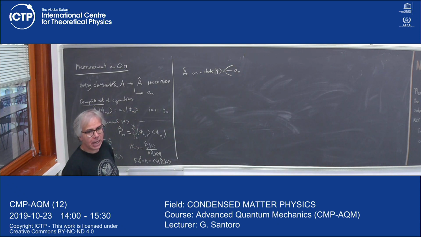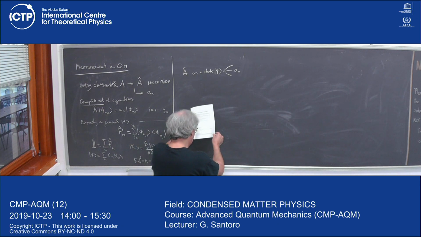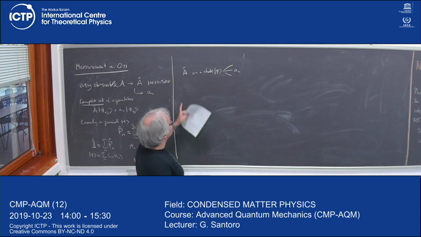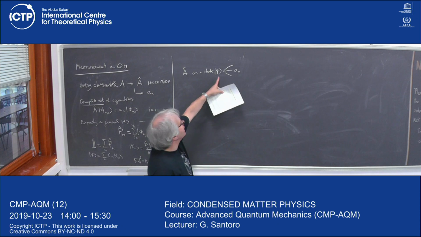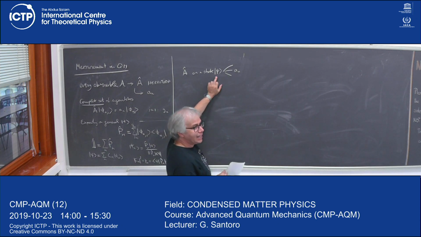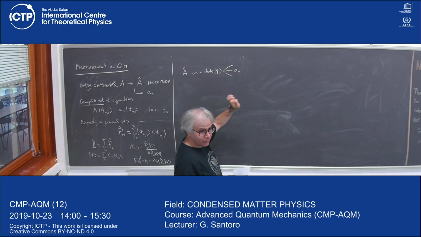So if I measure the angular momentum, I can get one of the eigenvalues of the angular momentum. I repeat several measurements. So I do one measurement on psi and I get one eigenvalue. I repeat a second measurement on psi and I get a possibly different eigenvalue, but still one of the eigenvalues.